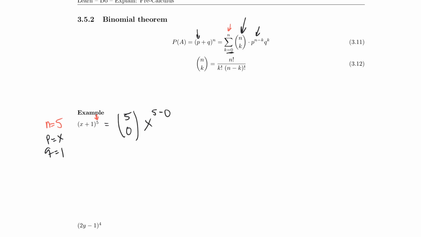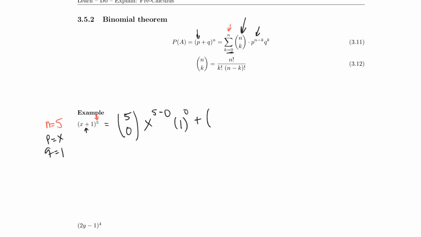Then multiply times q to the k power. q for us is 1 to the k power, which is 0 for this term. And that's the expansion for the first term of our binomial. Then the next term will be, we use plus because we have a plus here, so all our terms are going to be positive.